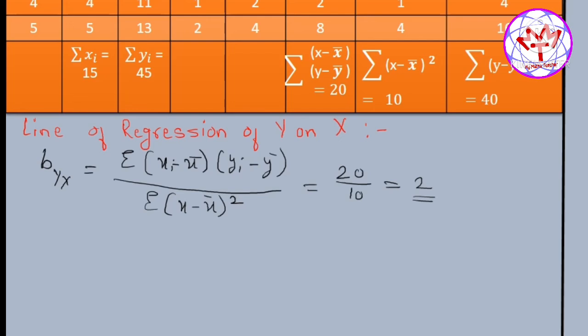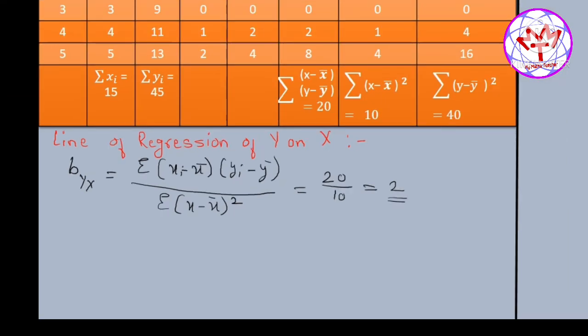Now let us calculate a. A is equal to y bar minus byx into x bar. So our y bar is 9 minus 2 into x bar is 3. That is 9 minus 6. So you get 3.